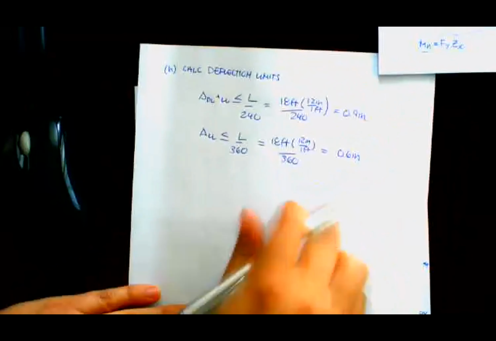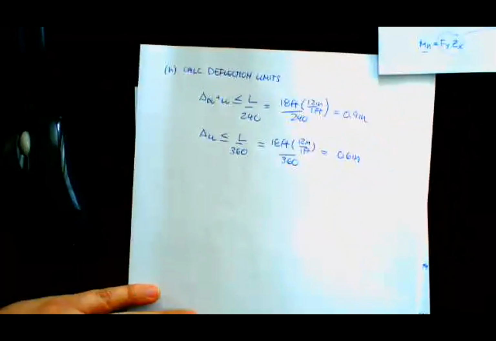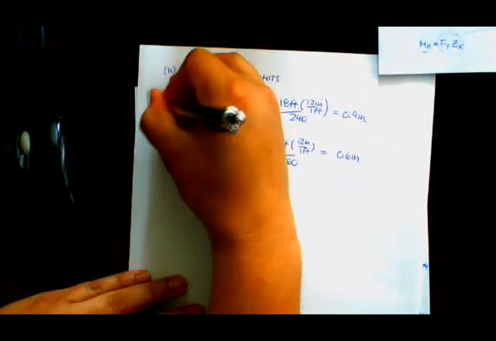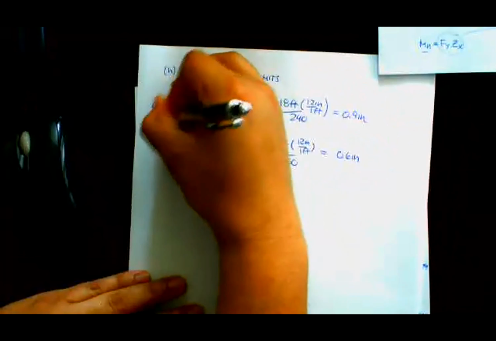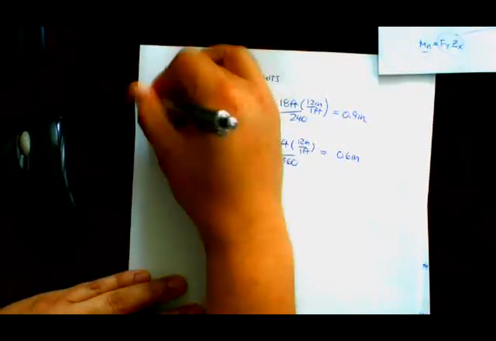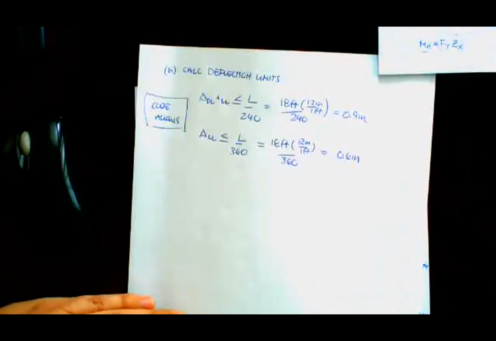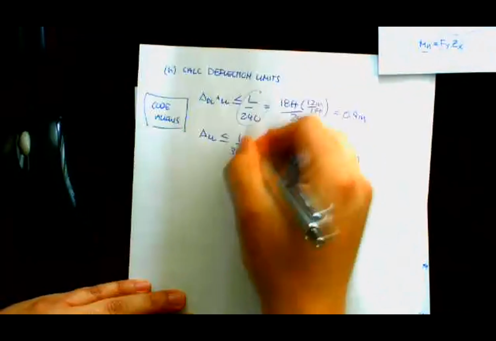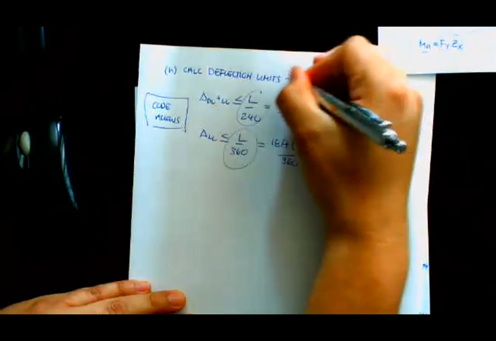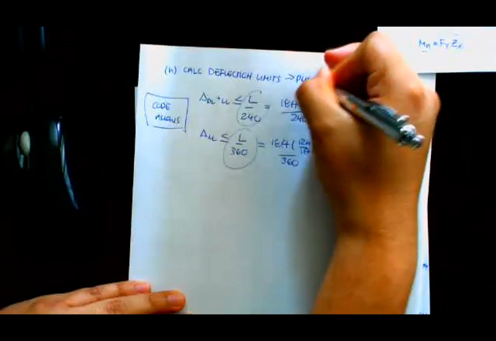This is not the actual deflection the beam is going under. This is what code allows. And actually, this formula, just to be clear, is for when I have a plaster ceiling.